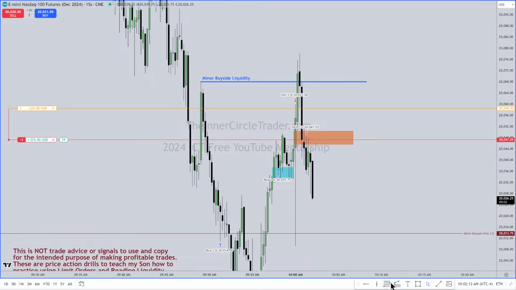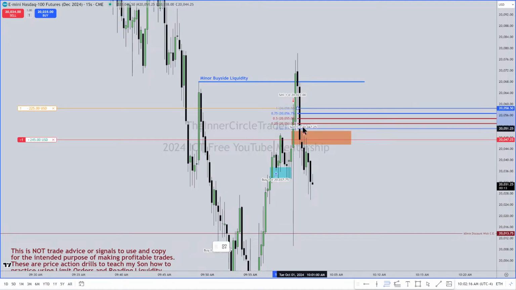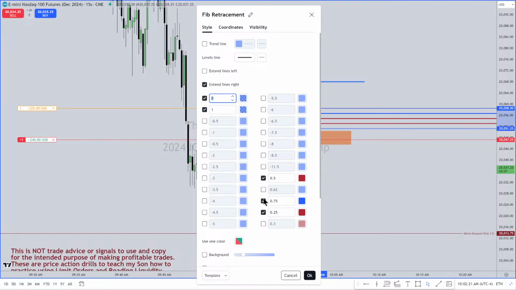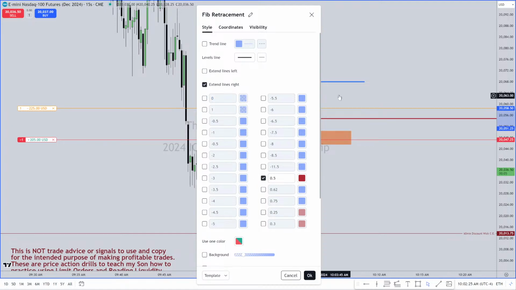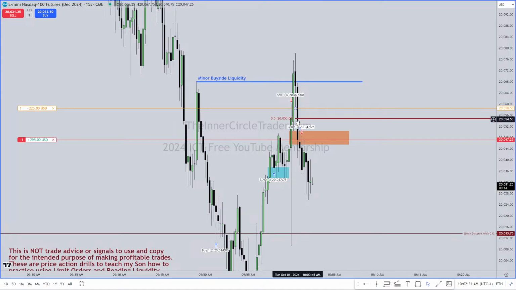So if we have the low here to this candlestick's high, you see that? What I'm doing here is showing you the difference between the high of this fair value gap here and here, and it's 50%.